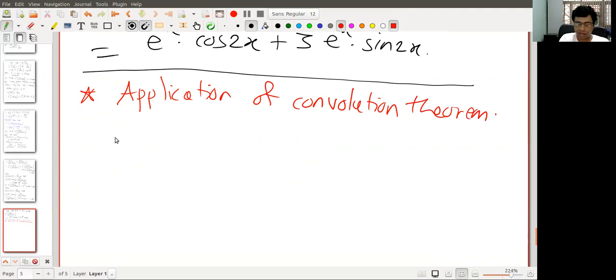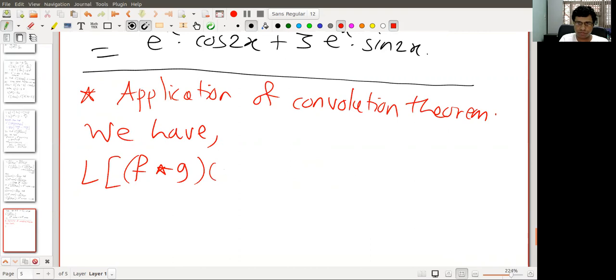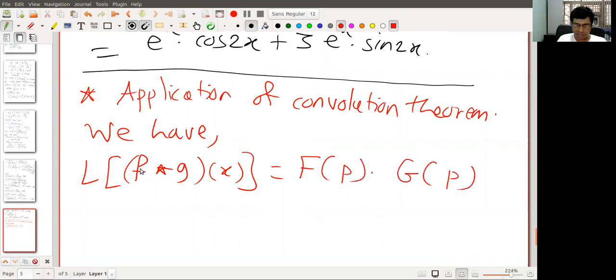We have Laplace transform of f star g, that is convolution of f and g of x, equal to Laplace transform of f multiplied by Laplace transform of g, that is capital F of p multiplied by capital G of p, where capital F is Laplace transform of small f and capital G is Laplace transform of small g.